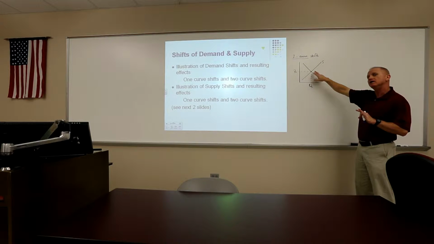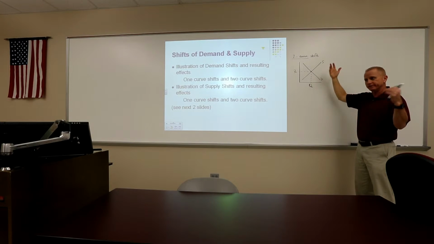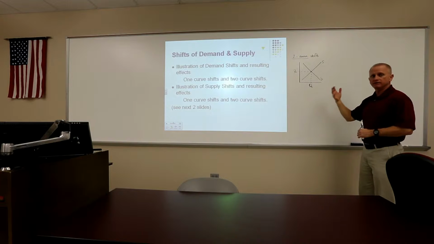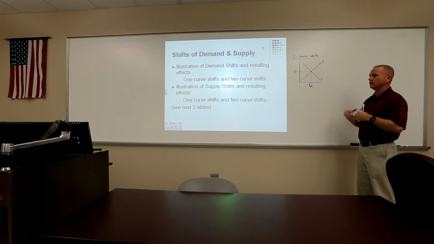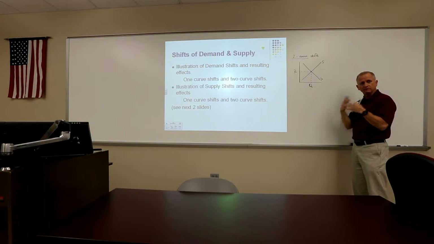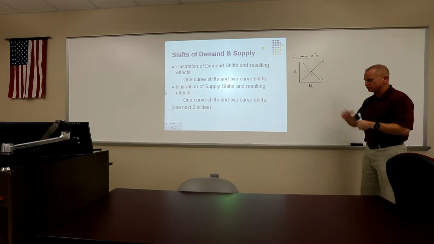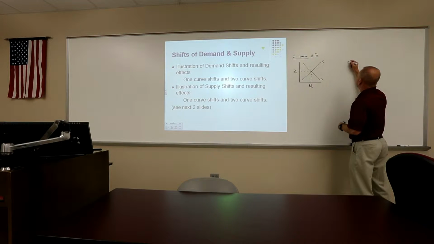Where it is right now, where it's intersecting, that's the current equilibrium price and quantity. I want to know what happens at the end of the shifting of the curve. So there's going to be two curves shifting. So there's 4 different possible combinations.